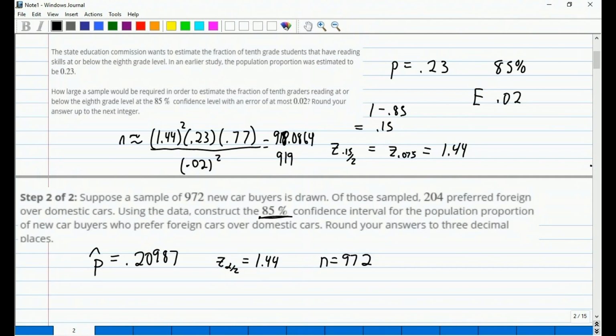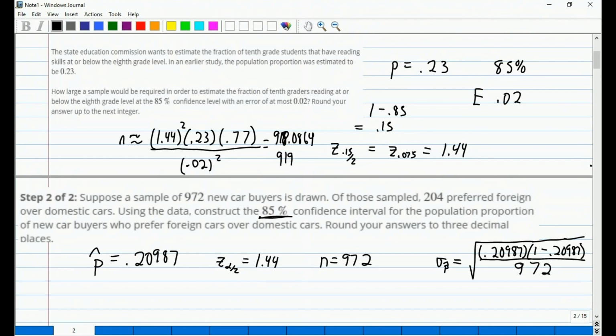We need that, remember, because the formula needed a sigma sub p hat. And that's going to be the square root of p. So I'm going to leave that out a couple decimal places. 0.20987 times 1 minus p, and I can't do that in my head right now, so I'm just going to write that out. And we divide that by n, that's 972, and then take the square root of that.